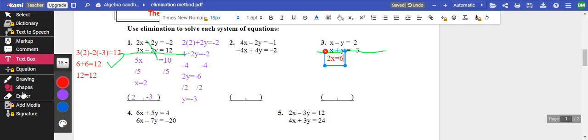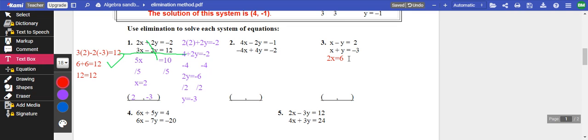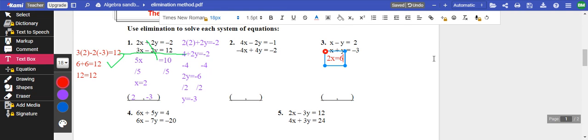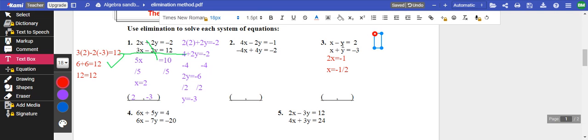I have to double check because I put my line too far over. Oh, it's negative 3. Good thing I did that, because this is negative 1 then. Divide by 2 and x equals negative 1/2. You won't usually get a fraction like this, but sometimes you might. 2x, 2, and 3 is negative 1.